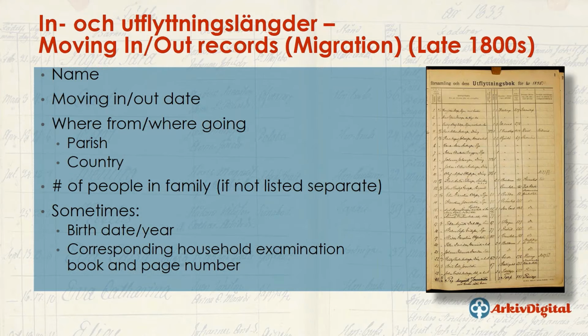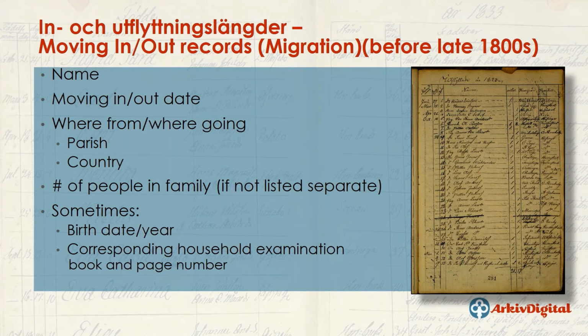It would also list the number of people in the family if they weren't listed separately. Sometimes you will see a birth date with a year on there, but it also will point to sometimes the corresponding household examination booklet. And again, the ones before the late 1800s are a little more primitive, but they still have great information.